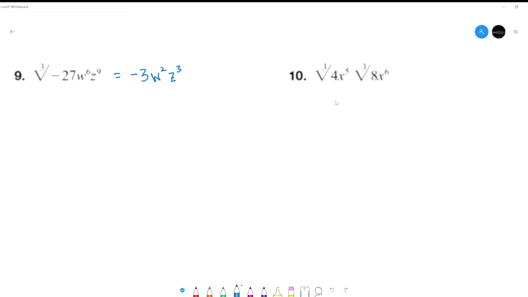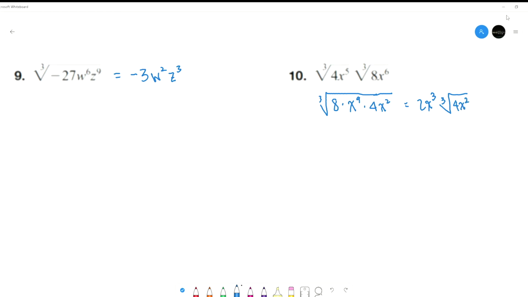So if I did cubed root of 8 times x to the, so there are 11 of them, and since it's multiples of 3, I'm going to do x to the 9 times the 4x squared, which is left over. So 8x to the 9th, that's my cube, right? That one can simplify. So we get 2x to the 3rd cubed root of 4x squared.